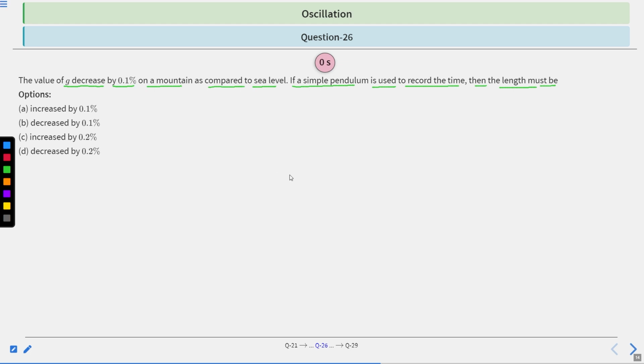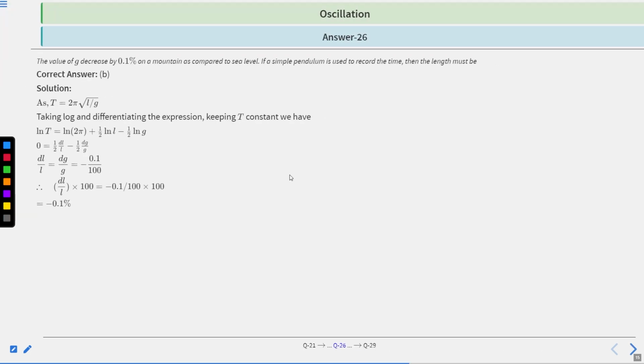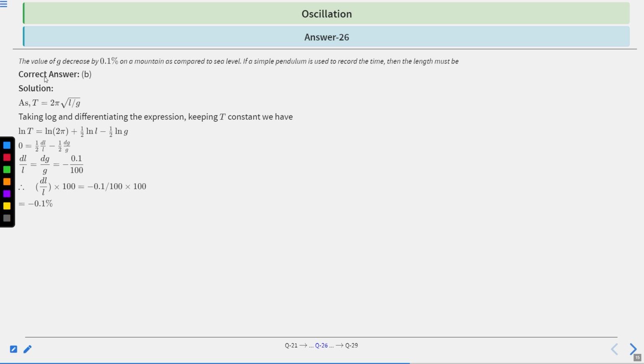Let us find the solution. According to the question, g decreases by 0.1% on a mountain as compared to sea level, and it asks, if a simple pendulum is used to record the time, then what must the length be?